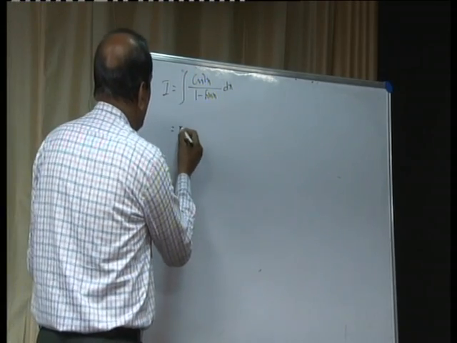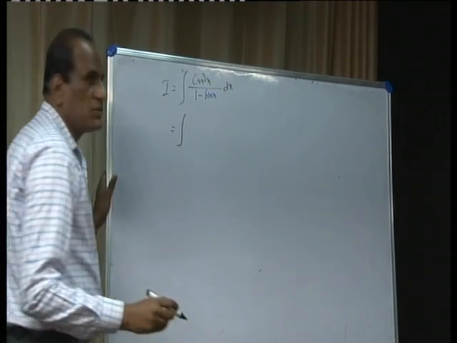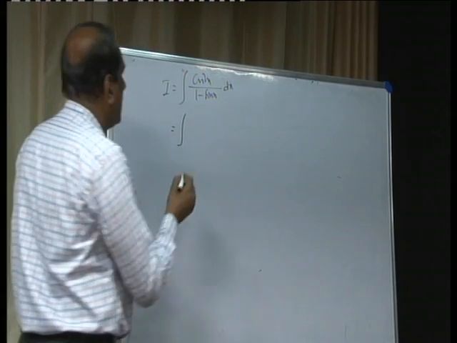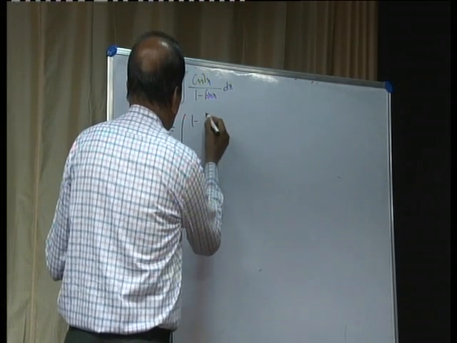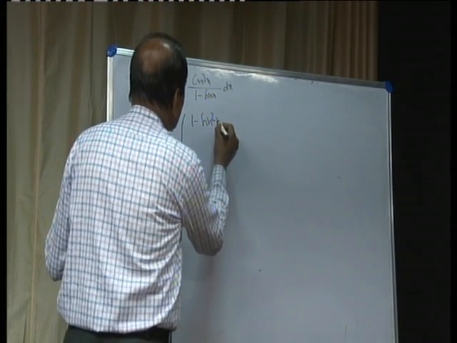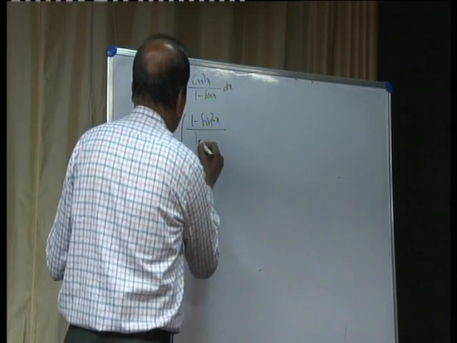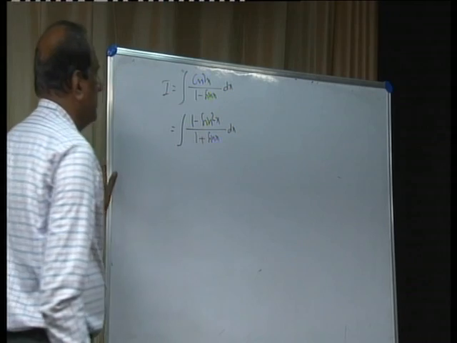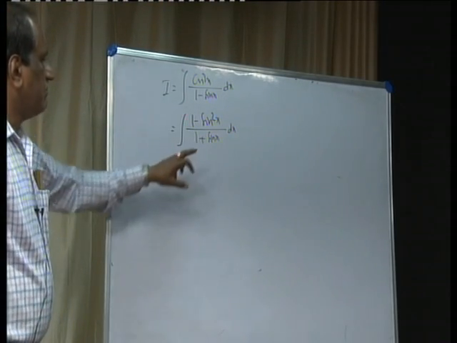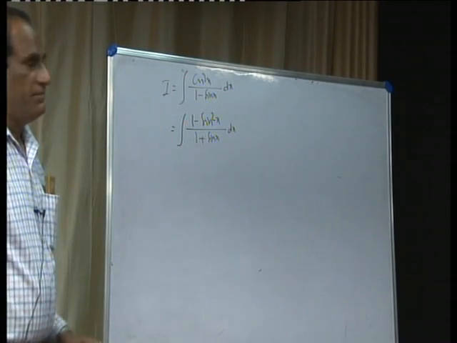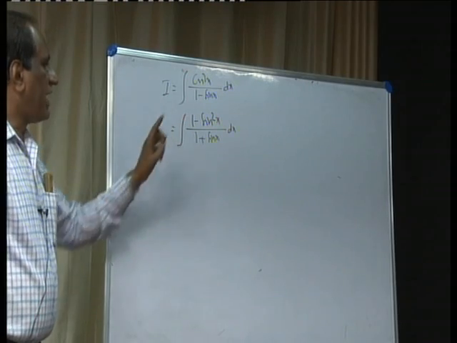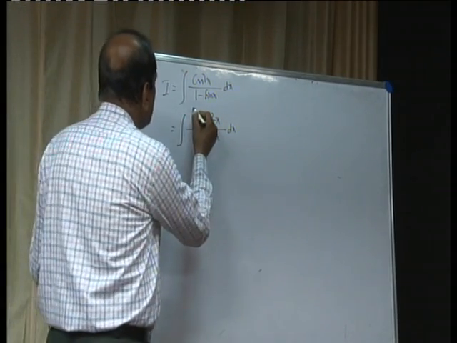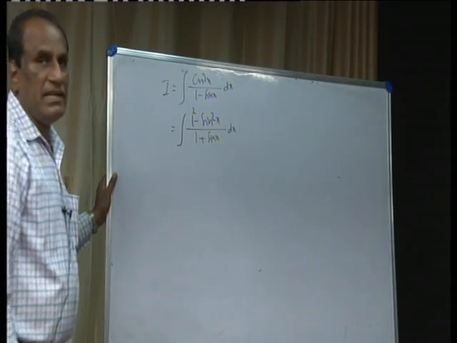See here, cos square x can be written as 1 minus sin square x, divided by 1 plus sin x dx. Now, what are the factors of 1 minus sin square x? It is nothing but 1 square minus sin square x.